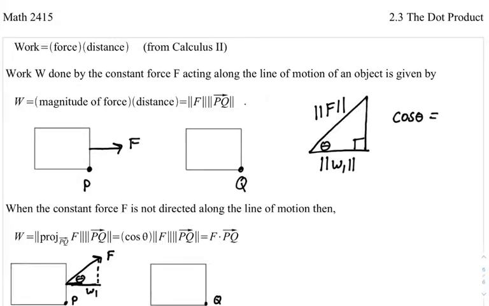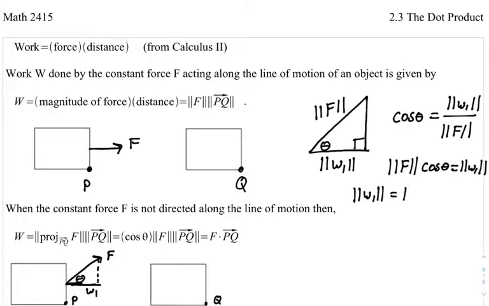So the cosine of theta is going to be equal to the magnitude of W1, that's the projection of F onto PQ, divided by the magnitude of the force. So the magnitude of the force times cosine of theta is equal to the magnitude of W1. The magnitude of W1 is simply the projection of F onto the vector PQ.